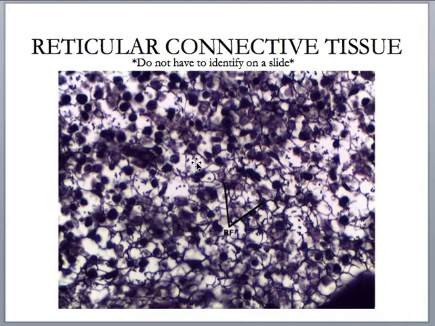They're very, very delicate fibers, and their function is to create an internal framework for an organ that would be very squishy or not have a very good shape to it if not for this internal framework from the reticular fibers. So things like lymph nodes, the spleen, the liver, these are all organs that have these reticular fibers running throughout to give an internal framework and structure to that organ.